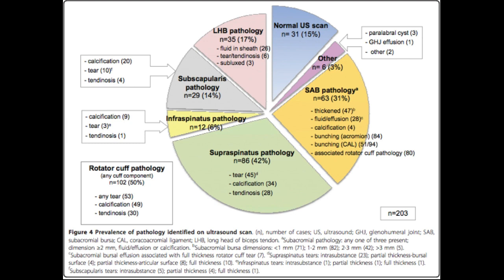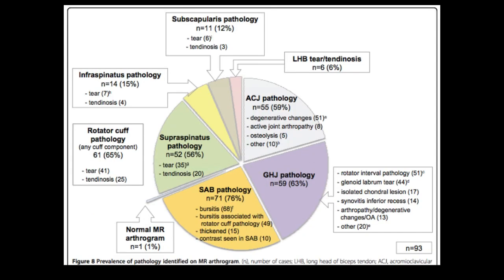Ultrasound was done for all these 203 patients, and they mentioned that ultrasound is a very sensitive and specific examination. It identified supraspinatus pathology in 42% and subacromial bursal pathology in 31%. So they recommend that ultrasonography is very important.